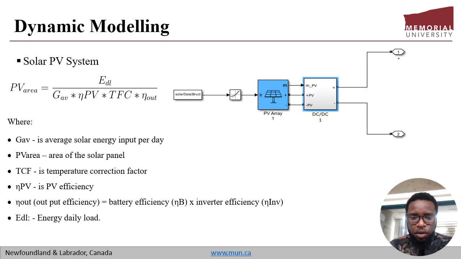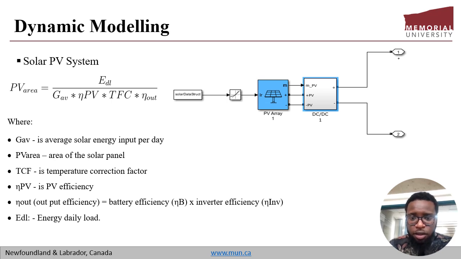In the PV solar system, we have modeled the PV arrays because the PV arrays are going to be arranged in an area. So we are going to calculate how much input we get for the area, how many kilowatt hours we are going to be getting from the irradiance data.